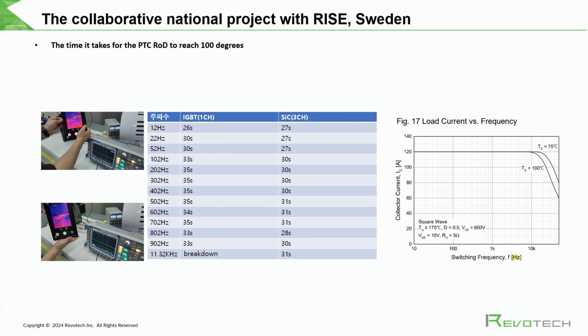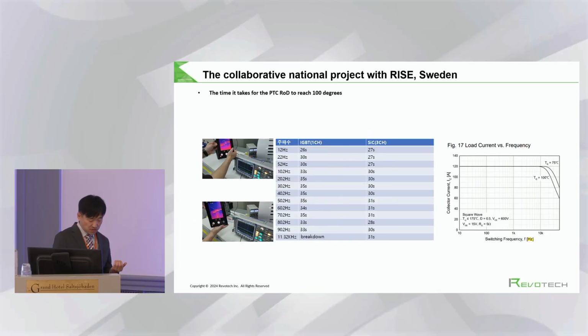Specifically, the SiC MOSFET reached 100 degrees 10.66% faster than the IGBT. Furthermore, it's worth noting that IGBT malfunction occurred at frequencies higher than 11 kHz.